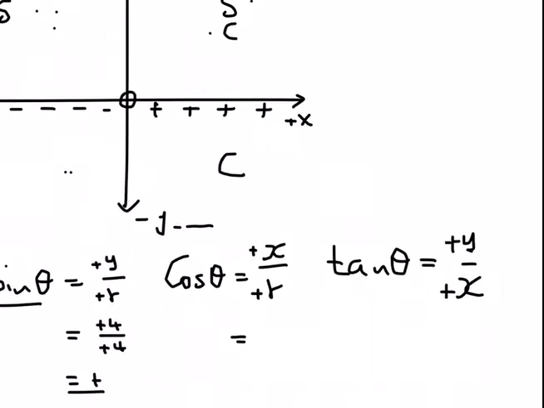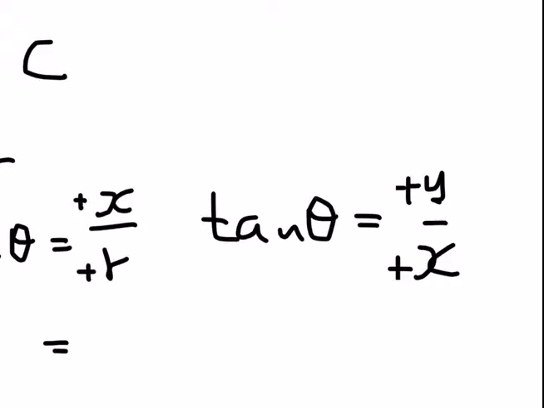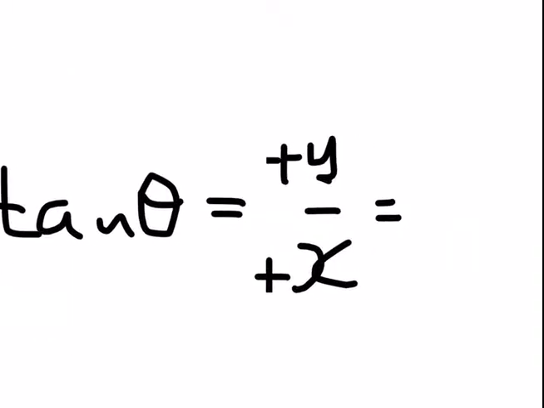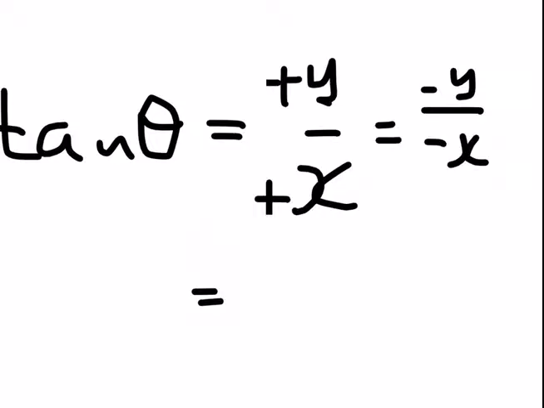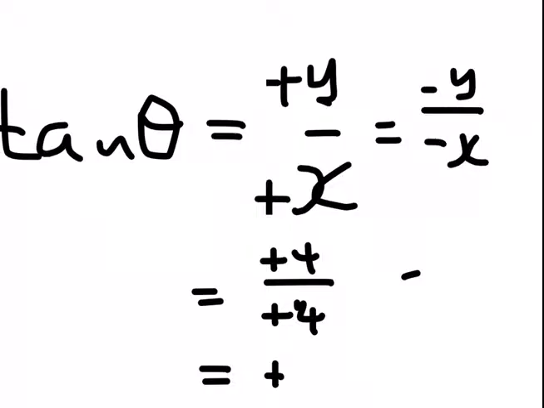Remember, for us to get a positive ratio, we need a negative y value over a negative x value, or a positive over a positive. Let me give you an example so that you understand. If we have positive 4 divided by positive 4 or whatever, the answer will always be positive. Again, if we have negative 4 and we divide it by negative 4 or 2, it doesn't matter. The answer will always be positive.